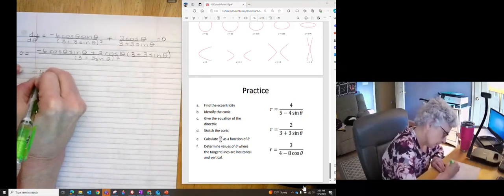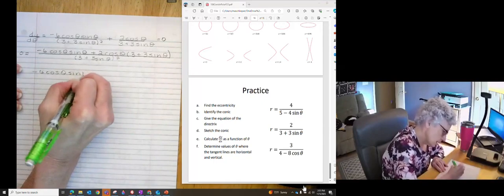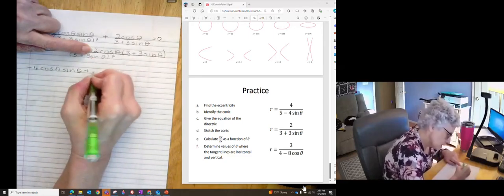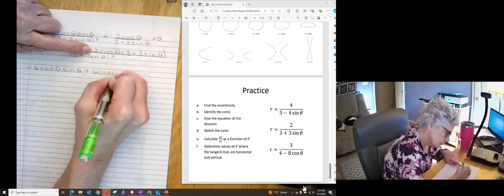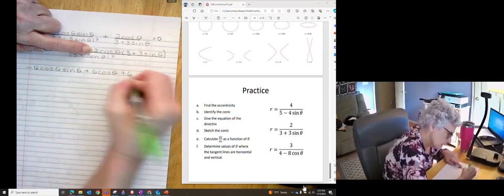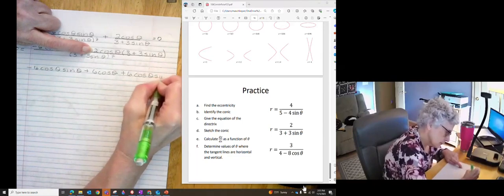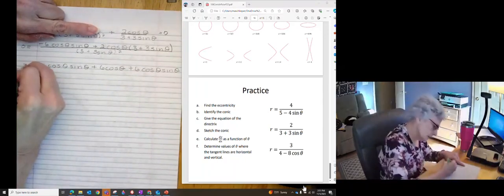So I have minus 6 cosine theta sine theta plus 2 times 3 times cosine theta, and then 2 times 3 is 6 cosine theta sine theta. Oh, look.